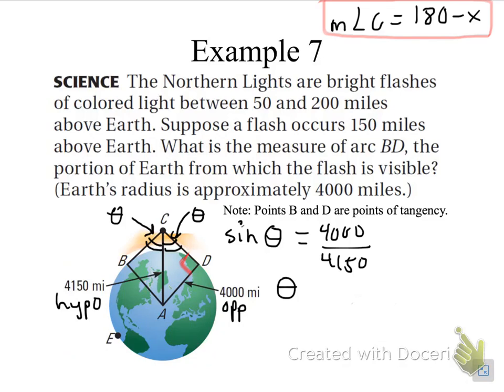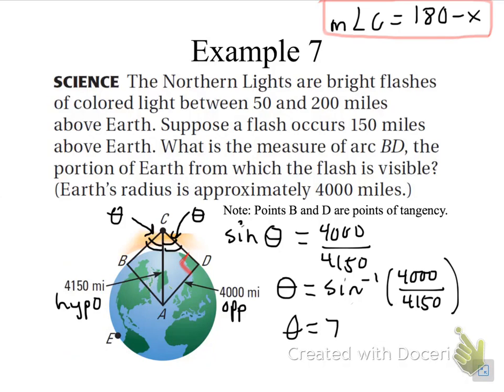If we want theta, we want to arc sine that fraction. So when I do that on my calculator, second arc sine 4,000 divided by 4150. Always check your mode. My mode is fine. We're going to get 74, and I'm going to estimate this 0.55 degrees.